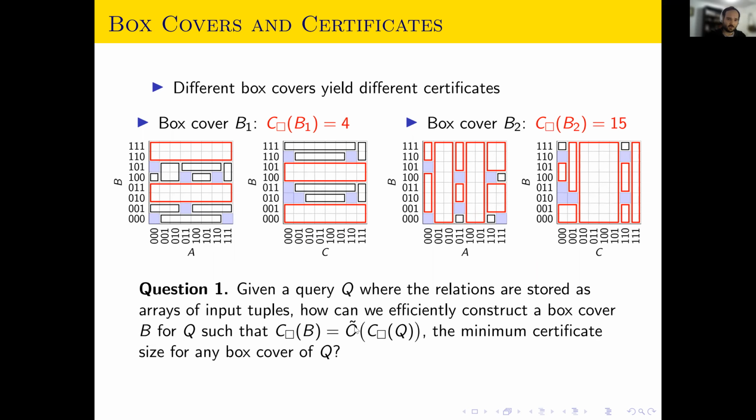This tilde O notation is used to hide logarithmic factors in the input size, as well as the query dependent factors, including the number of relations and the number of attributes in the query. This same notation is used for all of the bounds provided by the Tetris paper.